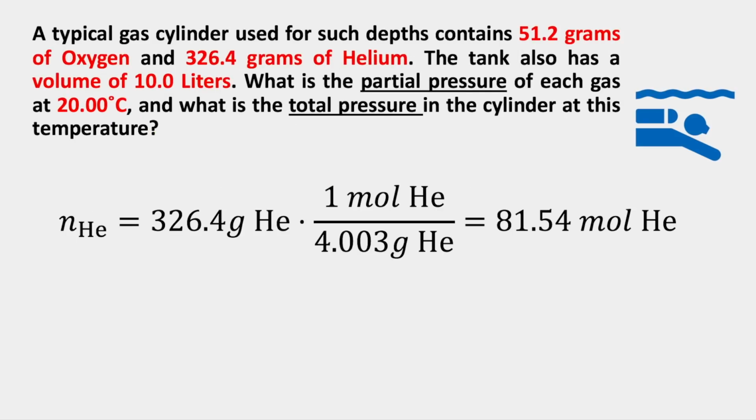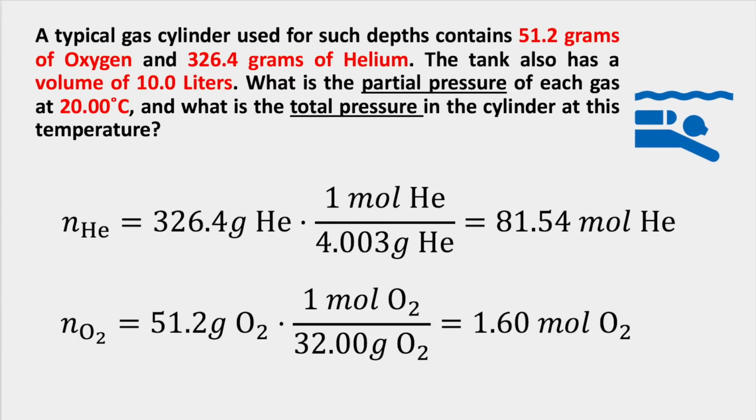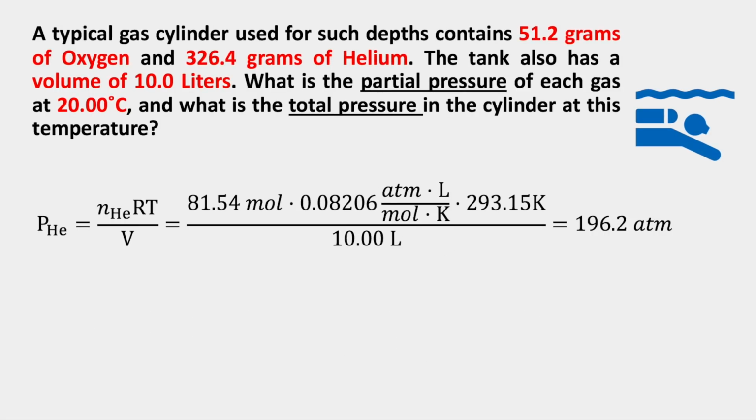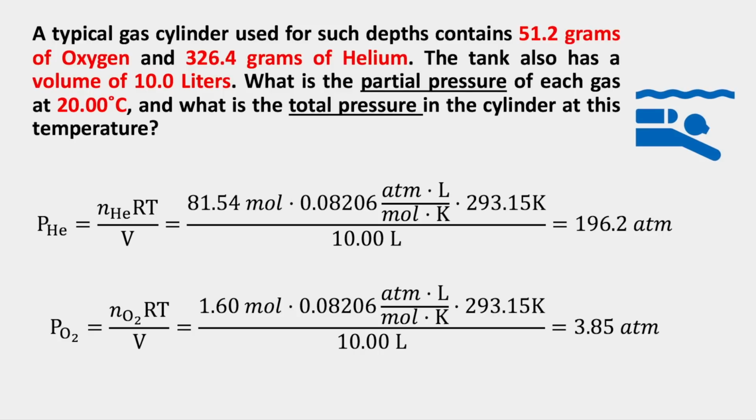We can use molar mass to convert grams to moles, which we end up with 81.54 moles of helium and 1.60 moles of oxygen. The next step is to plug the number of moles of each gas into the equation to determine the partial pressure of each gas. We end up calculating for helium 196.2 atmospheres and for oxygen 3.85 atmospheres.